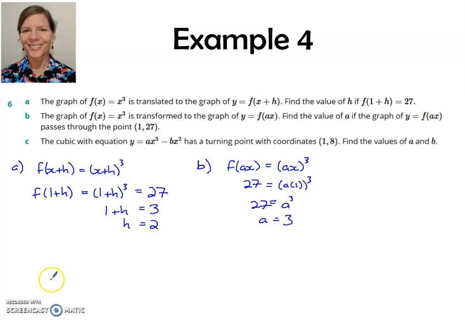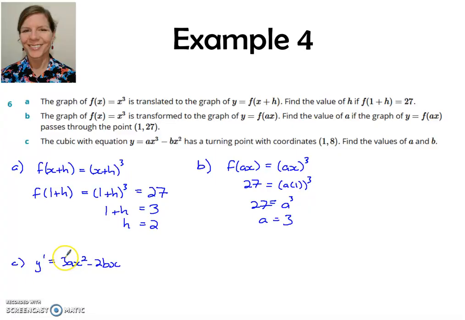And for the last one, we've got a cubic equation: ax cubed take bx squared has a turning point with those coordinates, find the values for a and b. Right, so let's differentiate it. We get 3ax squared minus 2bx.